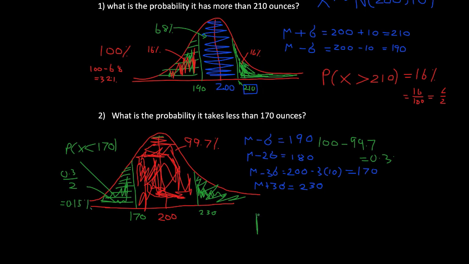Now the answer for number 2, probability x less than 170 equals 0.15%, which is a very small probability.